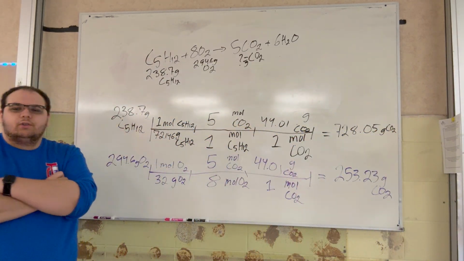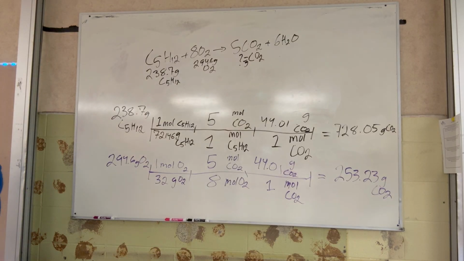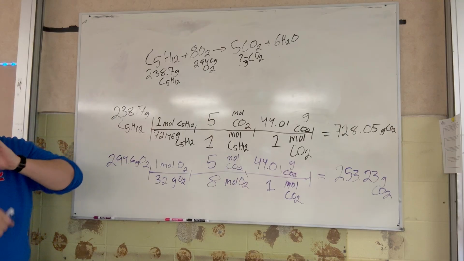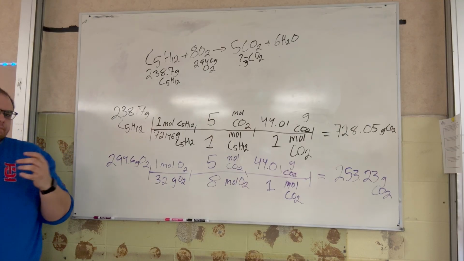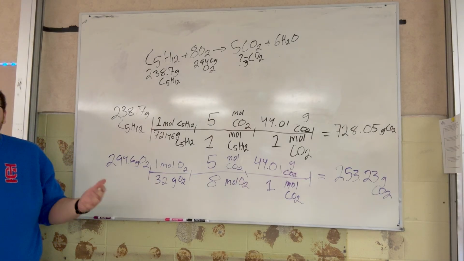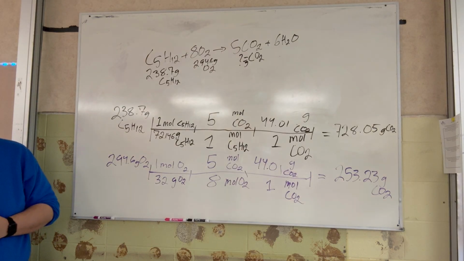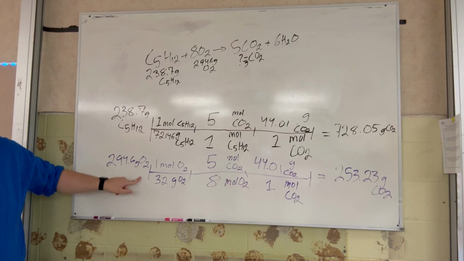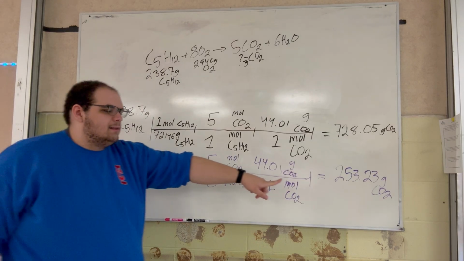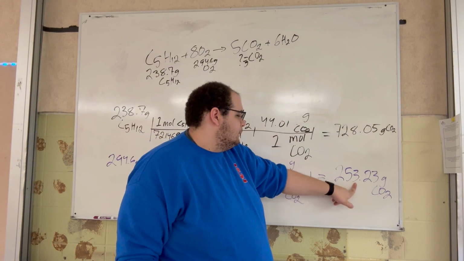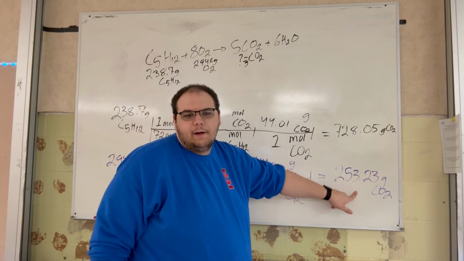Hey, so look at our grids here. Look at our answers. Most of you predicted that C5H12 would be the limiting reactant. But which one's the real limiting reactant? O2. Because look at the difference in what was produced. O2 only produced 253.23 grams of CO2.